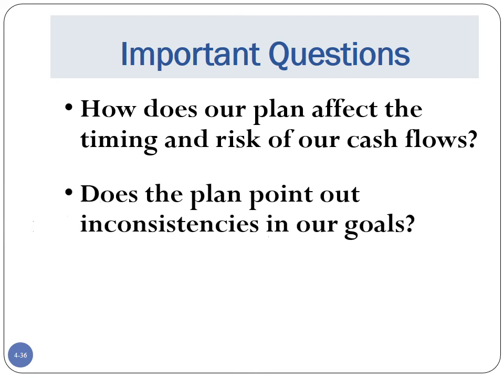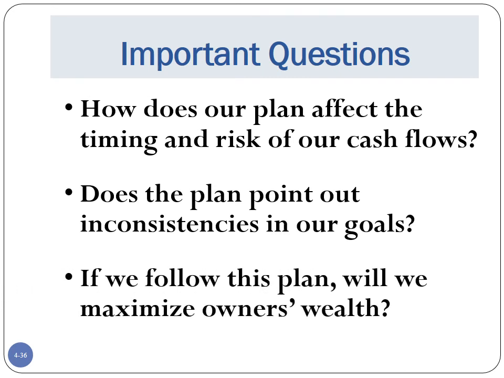And does the plan point out inconsistencies in our goals? Are there different goals, perhaps for environmental managers and financial managers, being addressed fully in the plan? And if we follow this plan, will we maximize owners' wealth? Will we maintain a good ratio between liabilities and equity?